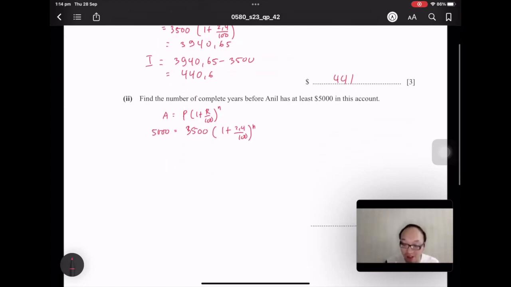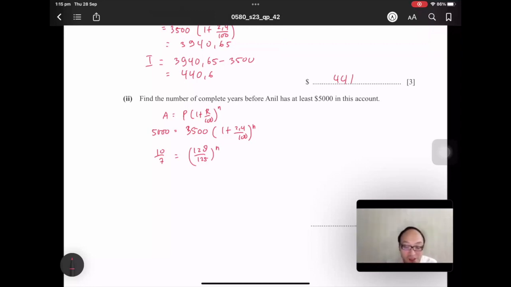So in here, I can have 5,000 divided by 3,500. It's 10 over 7 equals to 1 plus 2.4 over 100, which is 128 over 125 to the power of n.